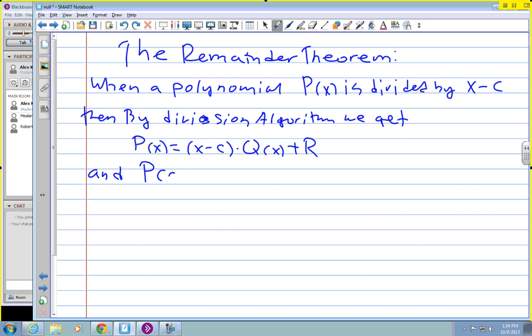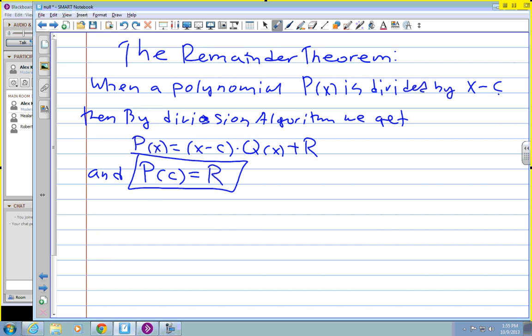And p of c, if I actually take whatever that number c is and I plug it into my function, it will cancel x minus c. X minus c turns into 0. Then we'll just get the remainder. So the value of your function is your remainder in that case.